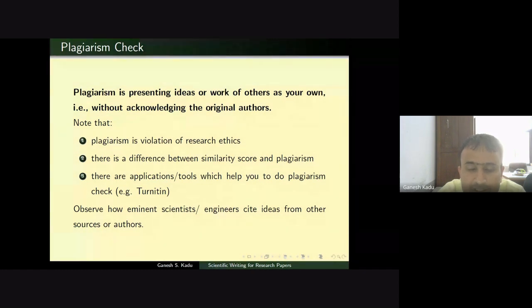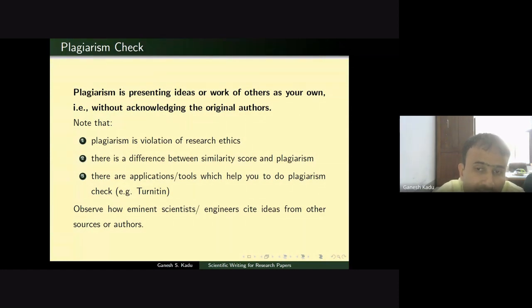So unintentionally, I presented this report without caring about acknowledging the original contributors. And then my advisor scolded me. He gave me a warning, and of course he taught me what it means to cite, give citations to others, duly acknowledge others.